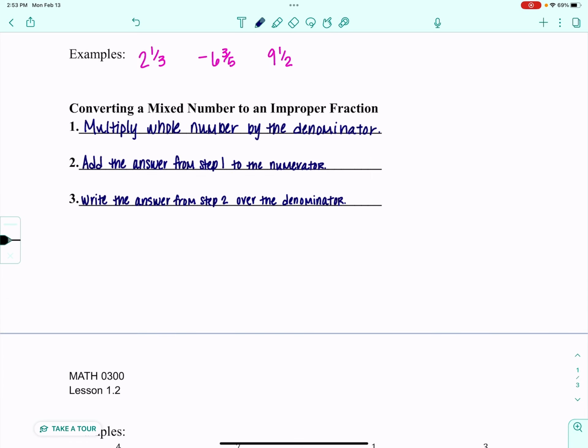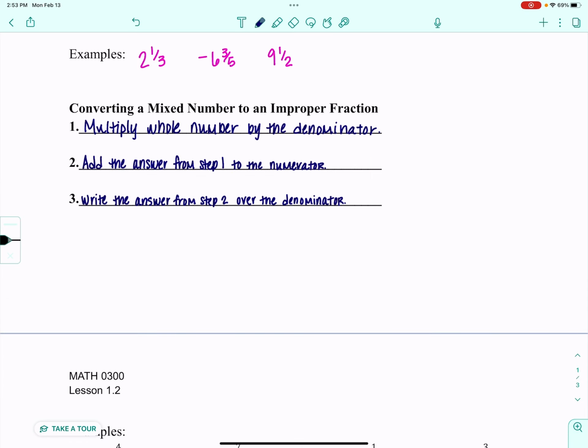So when I go down here, I want to write the answer from step 2 over the denominator. So 1 4/5 is equivalent or equal to 9/5.